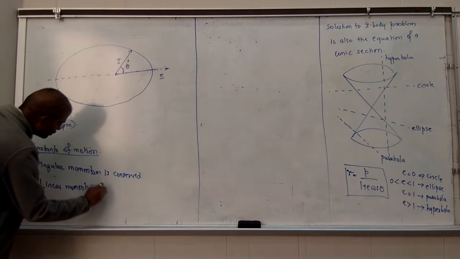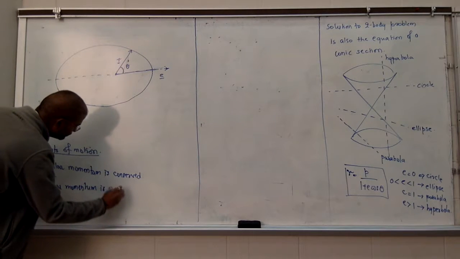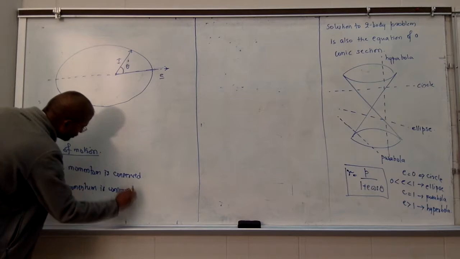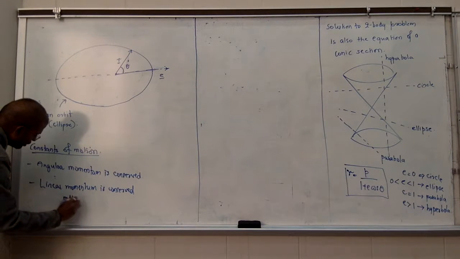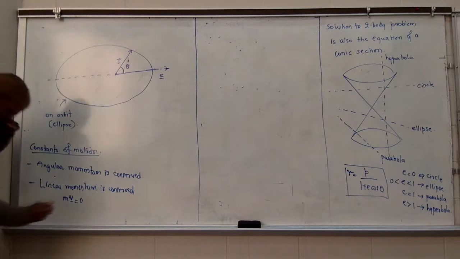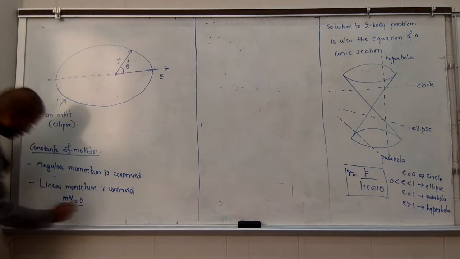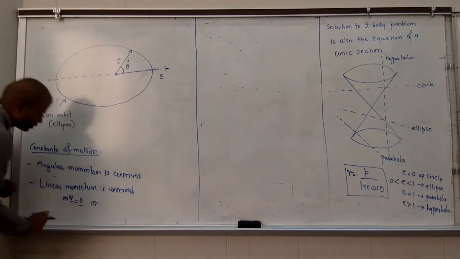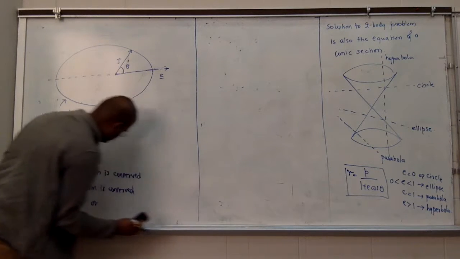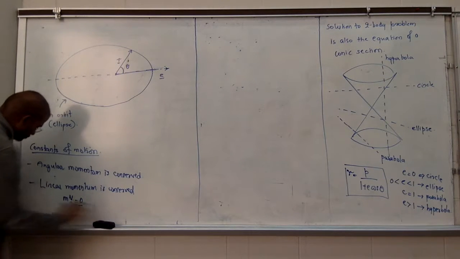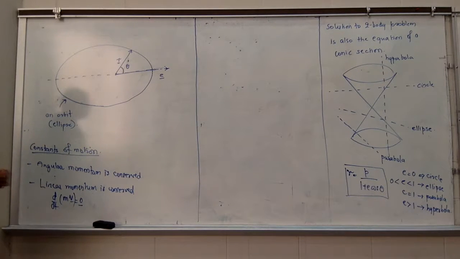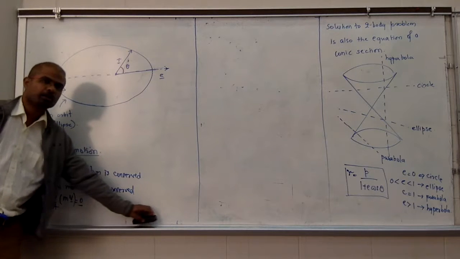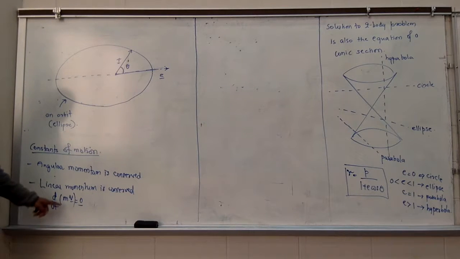So the next one is linear momentum is conserved. Okay. So what this means is d over dt of mv is equal to 0. Now you have to understand this a little bit. What is d over dt of mv?